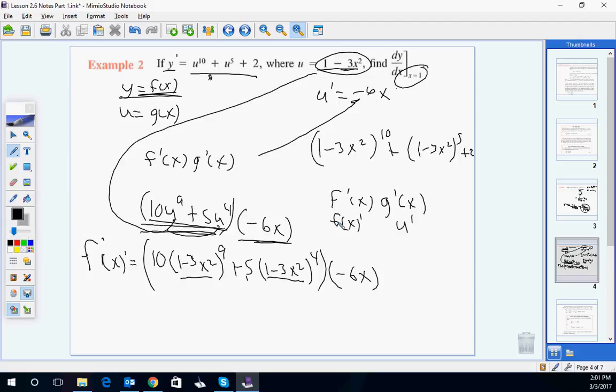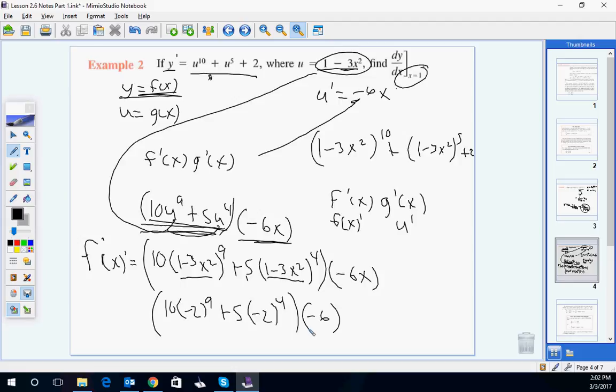Okay, so now if I plug 1 in, that's 1 squared, 1 minus 3. So I'm going to get 10 times negative 2 to the 9th plus 5 times negative 2 to the 4th, all times negative 6. Now I have all numbers. I'm evaluating.